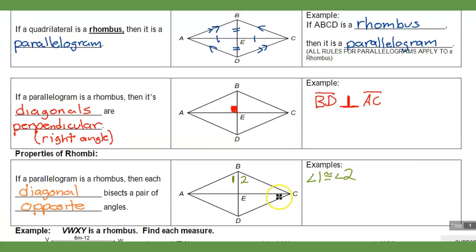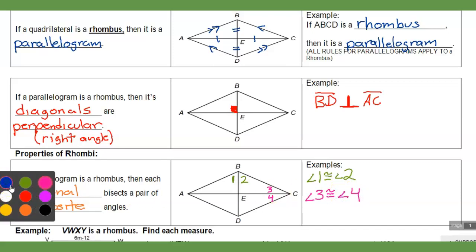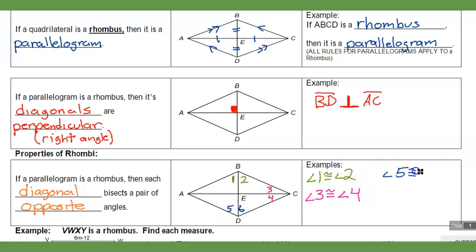And through all our triangle congruencies, we could actually prove a lot of these are congruent to each other. So not only are these two equal, they're going to be congruent to others that are in the same rhombus. Let's call this one 5 and 6. And let's go, what am I at? Orange, yeah. 7 and 8.